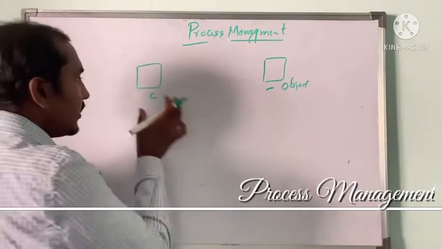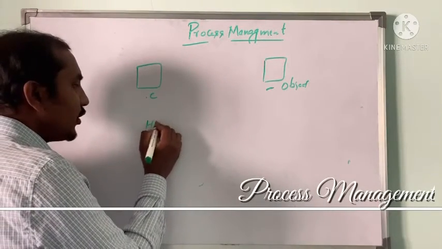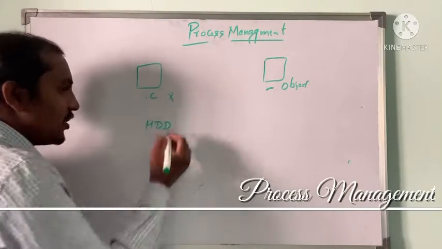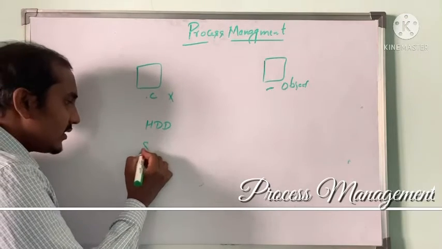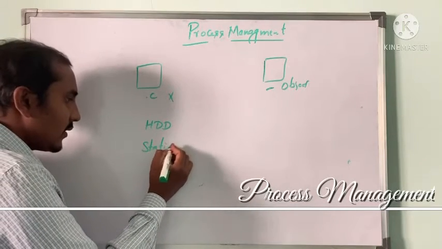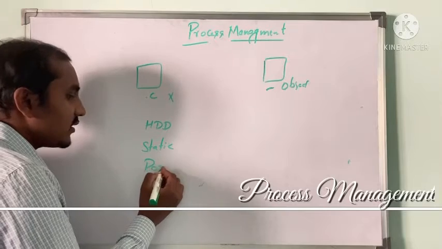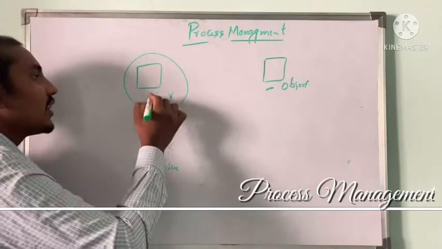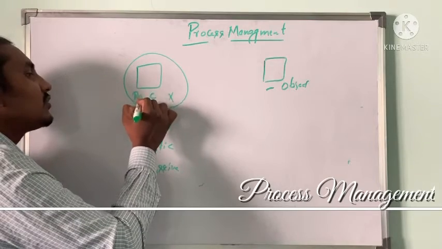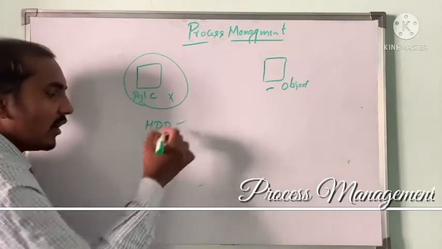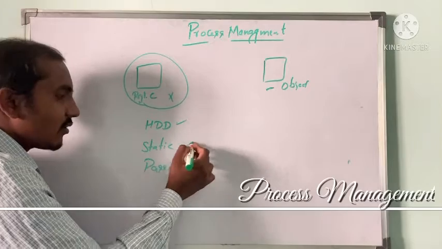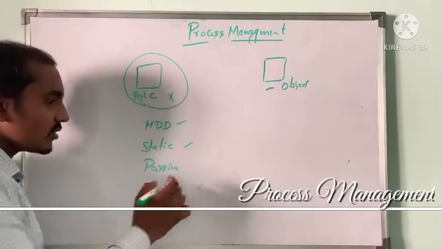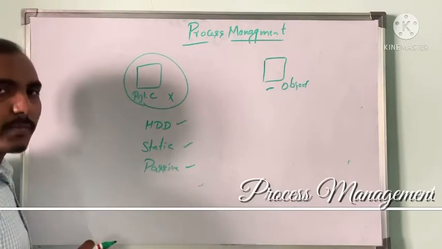Once this is stored into your hard disk, it will not change. That is why it is static, and it is also called passive. Whatever information you save into this program1.c, the content will be stored in the hard disk, and it will have static program instructions, and it will not change. That is why it is passive.